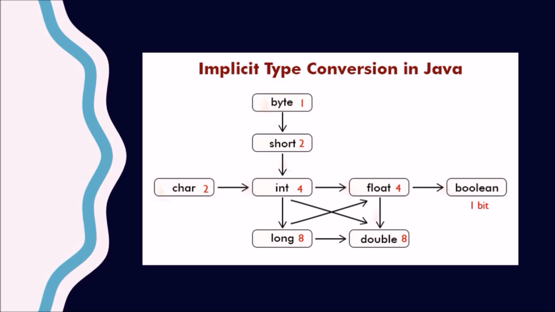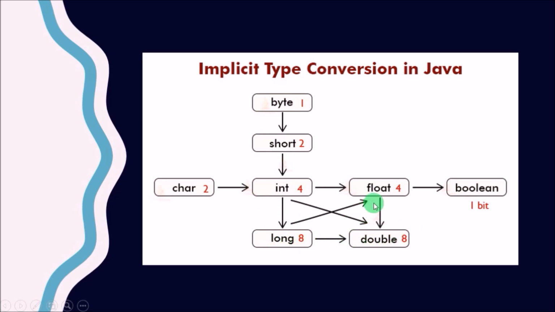In a similar way you can convert char to int, as char is of size 2 bytes whereas int is 4 bytes, and similarly int can be converted into double, float and long. But you cannot do the same in the other direction: you cannot convert double back to float, or double to int or double to long.